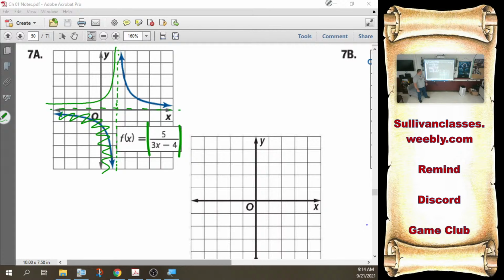Now the way that looks, kind of interesting, is you get this kind of wishbone in the middle there, right? Because it mirrors.